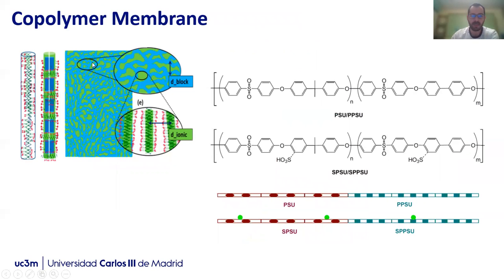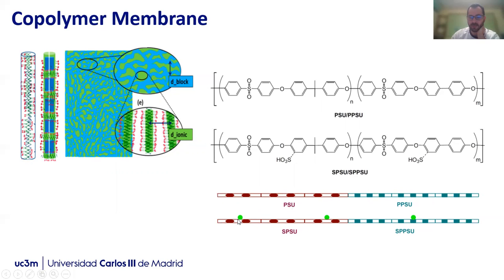So the copolymer membranes, this is the structure. We have two blocks: the Polysulfone block and the Polyphenylsulfone block. The Polysulfone block is more hydrophilic compared with the Polyphenylsulfone block, which is more hydrophobic.